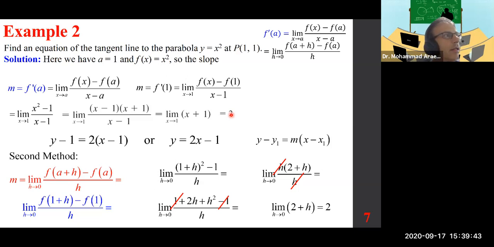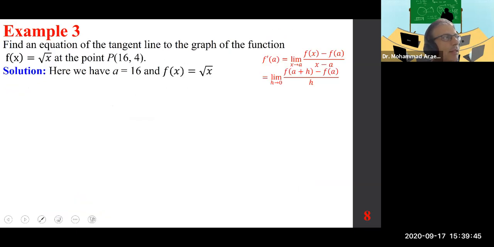All right. Let's look at the next example. And in the case of the next example, I want you again to pay attention to the fact that a is 16. If you plug in, you get 4. Okay, you plug in, you get 4. So they may not give us that.